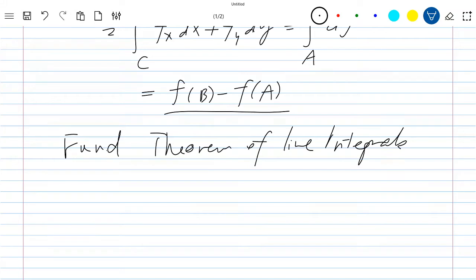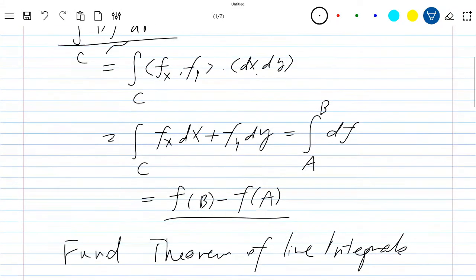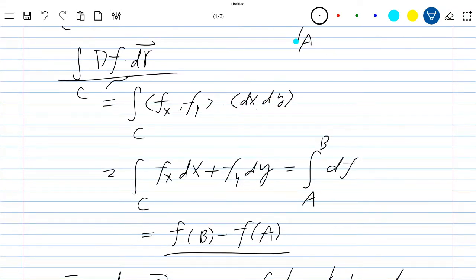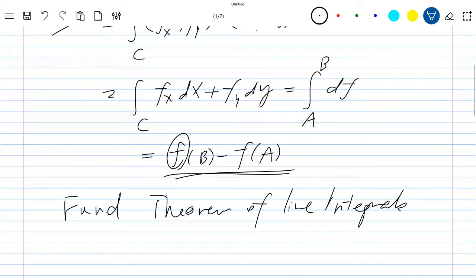So this essentially says that this is the derivative of f. So the integral of the derivative will give you the original function. But if it's from one end to another end, then it's the difference between the two original functions.